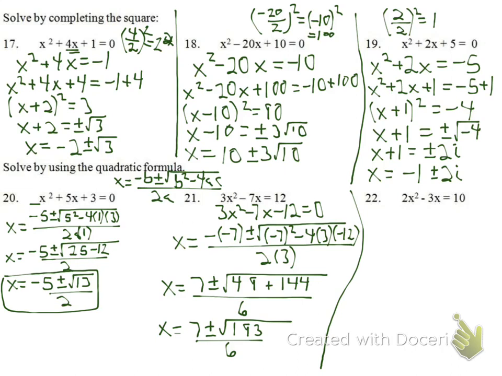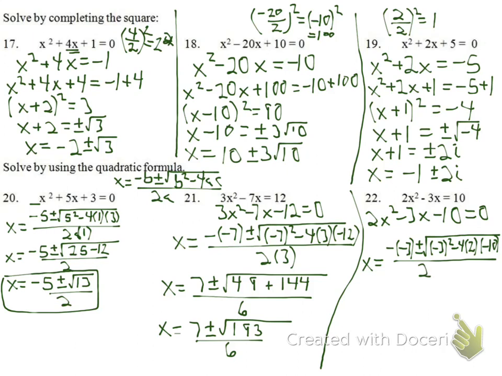Okay, 22, get everything to the same side. 2x squared minus 3x minus 10 equals 0. So our quadratic formula becomes negative times negative 3 plus or minus the square root of negative 3 squared minus 4 times 2 times negative 10 over 2 times 2.